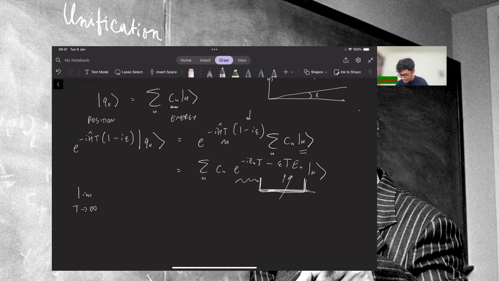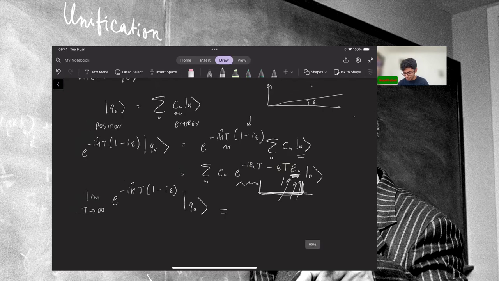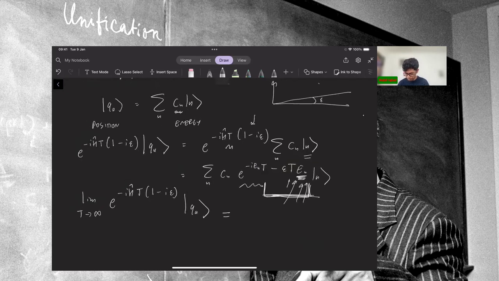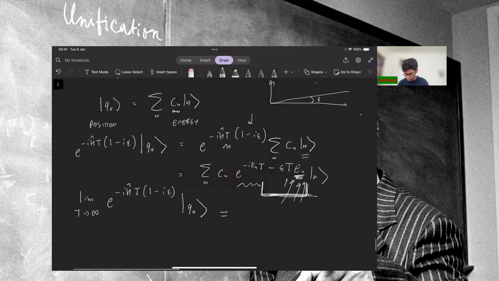If I do that, this thing is an exponential suppression that kills all of the states except for the ground state. Because the vacuum state, the ground state, has E_0 equal to 0, it doesn't have that term at all. So if I take T goes to infinity, every single state here dies except for the ground state, the vacuum state.